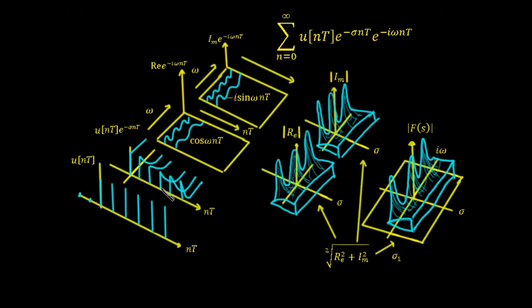Now this is going to modulate the cos omega t surface, but of course it's now going to be cos omega nT, and we're going to have our i sine omega nT. So instead of getting a continuous surface here with omega and t, it's still continuous in omega, but the t-axis is now going to be discrete. So you're going to have discrete cosines here, you're going to have discrete sines here.